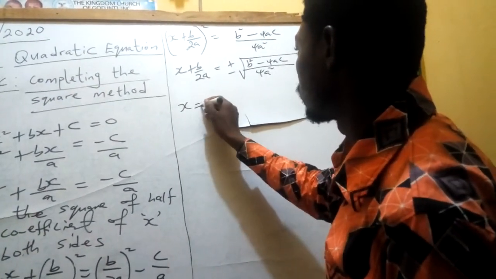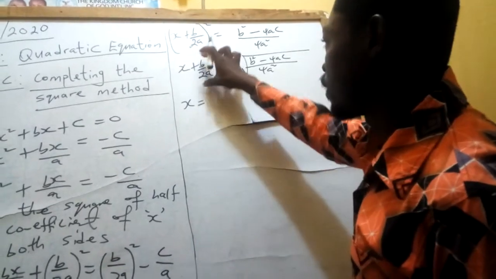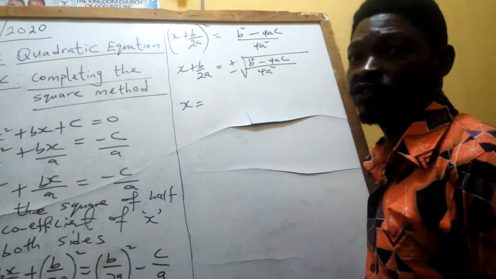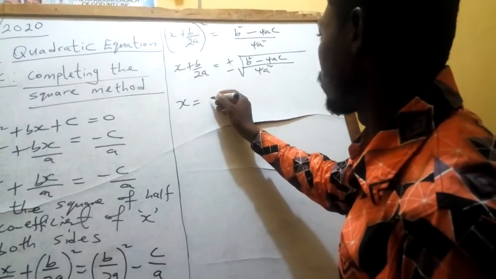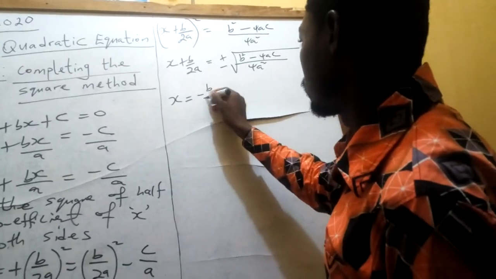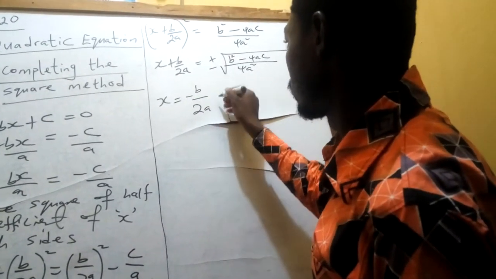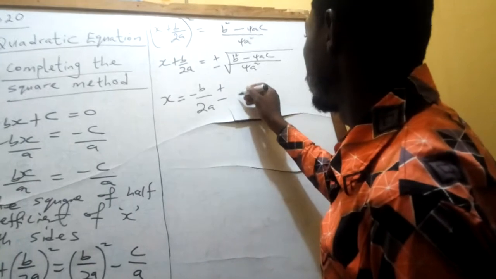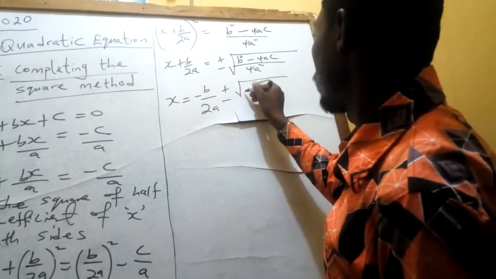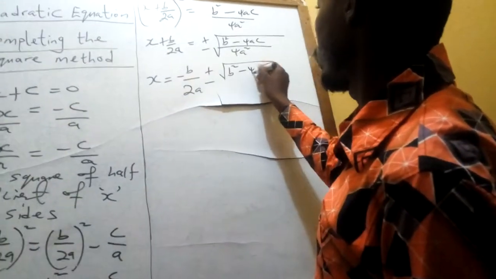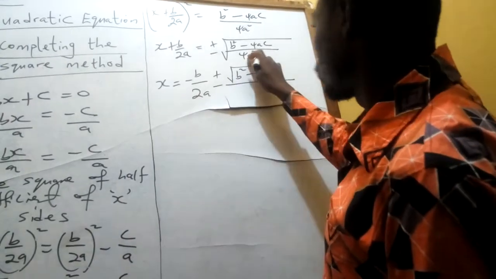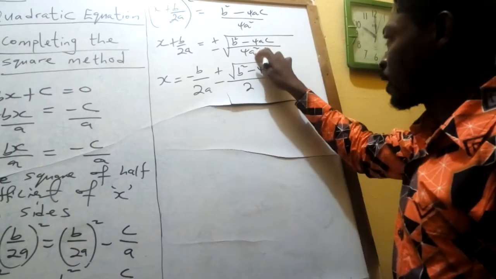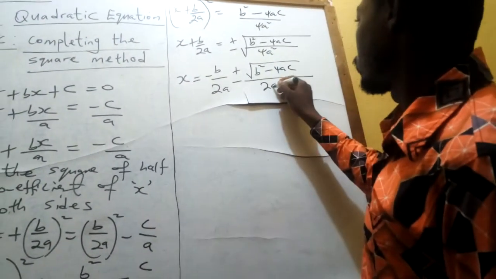x equal to what? Whenever a positive number crosses an equality sign, it changes to what? Negative. So this one now becomes what? Minus b over 2a plus or minus the square root of what? b squared minus 4ac over the square root of 4 is 2, and the square root of a squared is what?